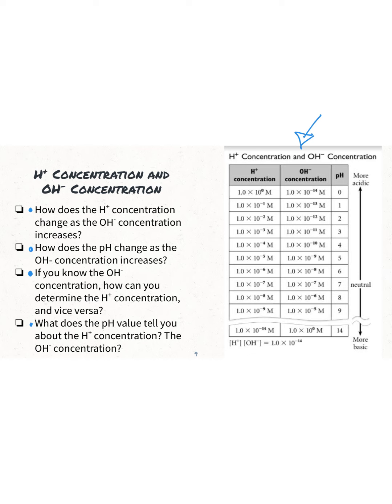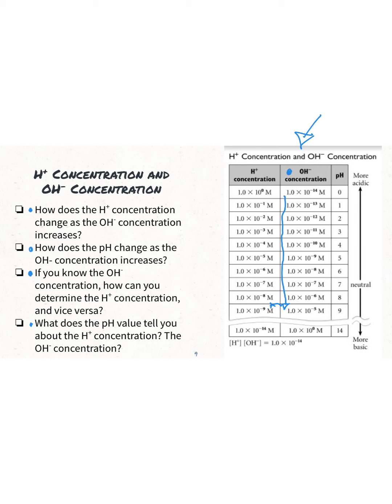All right, so let's look at the first one. It says, how does the hydrogen ion concentration change as the hydroxide concentration increases? So hydroxide is right here. And as we increase hydroxide, going down, because you can see those negative exponents are getting smaller, which means that you're increasing hydroxide concentration, we'll notice that the H plus over here is actually getting smaller.